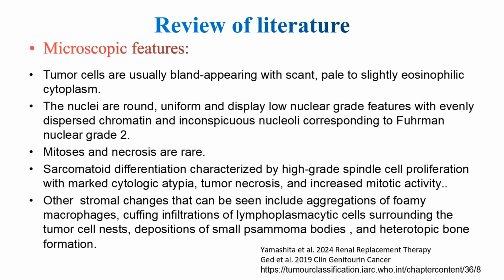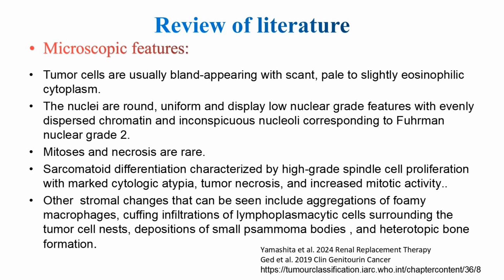Tumor cells are usually bland appearing with scant pale to slightly eosinophilic cytoplasm. The nuclei are round, uniform, and display low nuclear grade features with evenly dispersed chromatin and inconspicuous nucleoli, corresponding to Fuhrman nuclear grade 2. Mitosis and necrosis are rare.